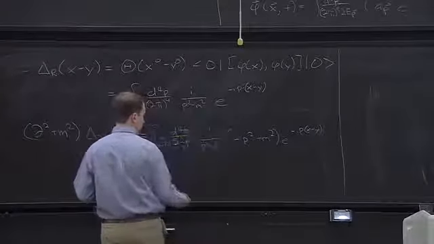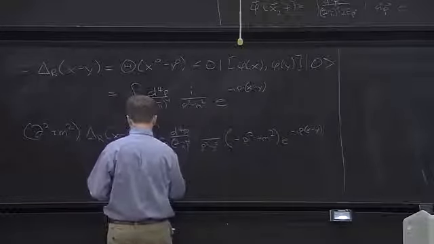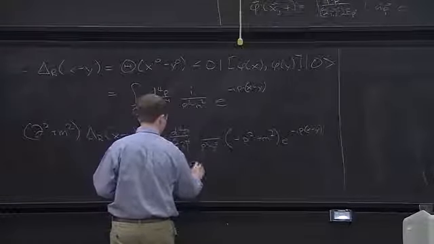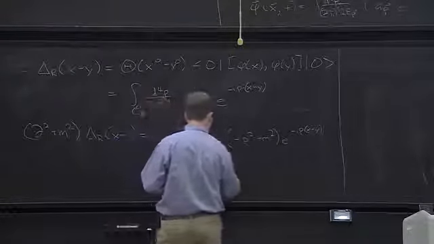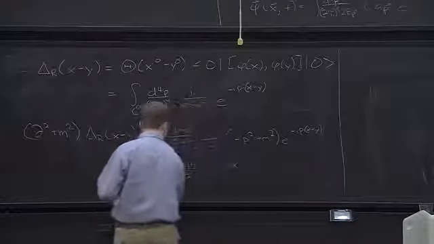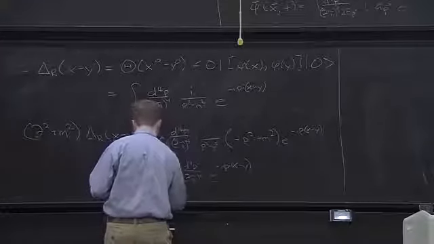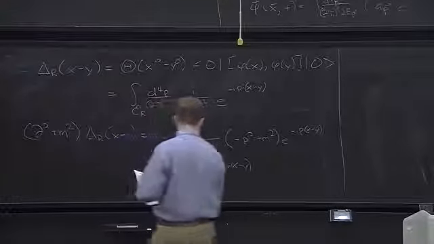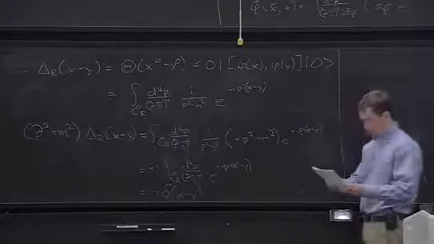This cancels the 1 over p squared minus m squared, giving us just a factor of minus i. And this is an integral we all know how to do. It just gives us minus i delta of x minus y. So that's what we'd expect. It's a Green's function.